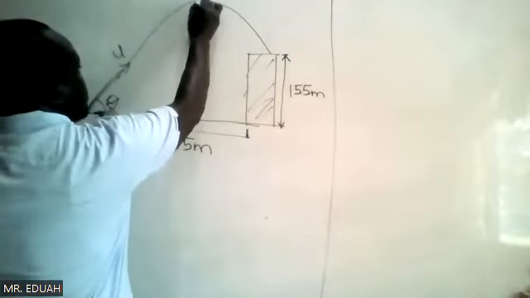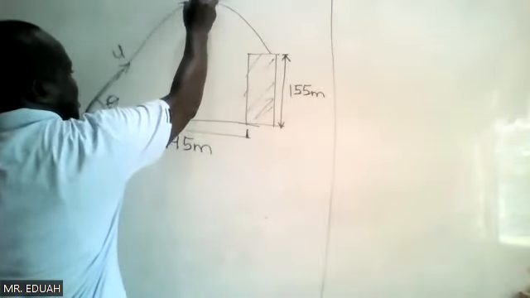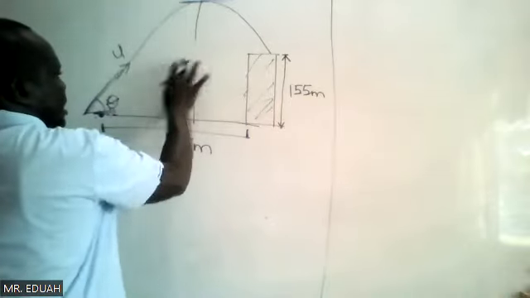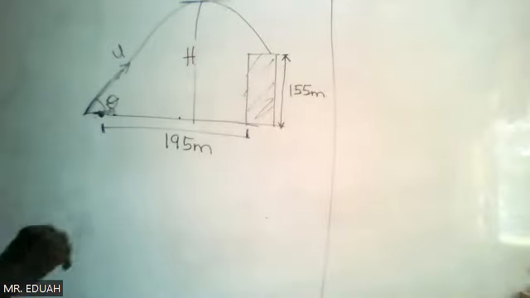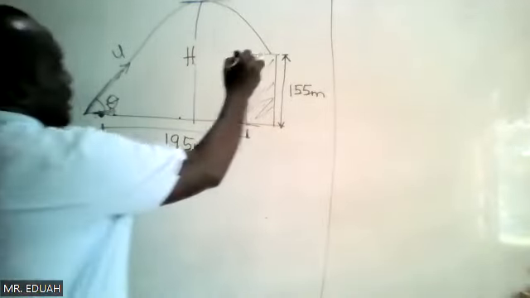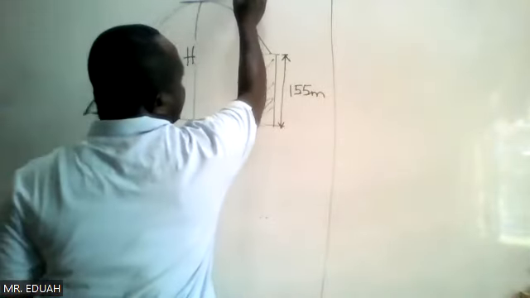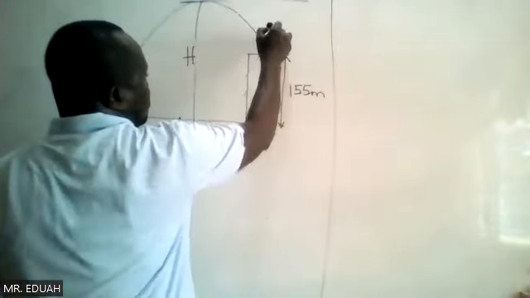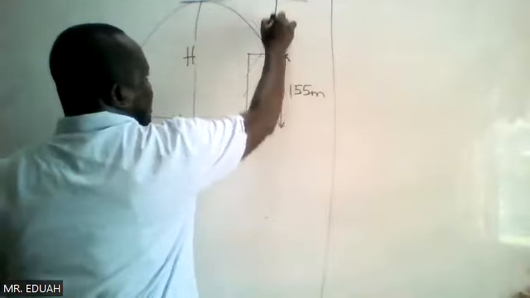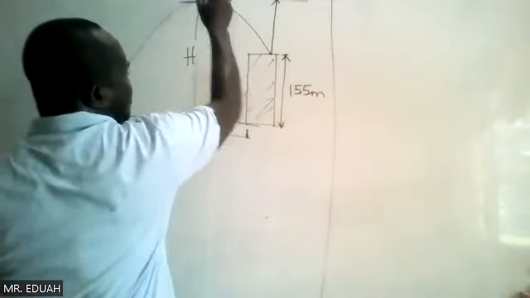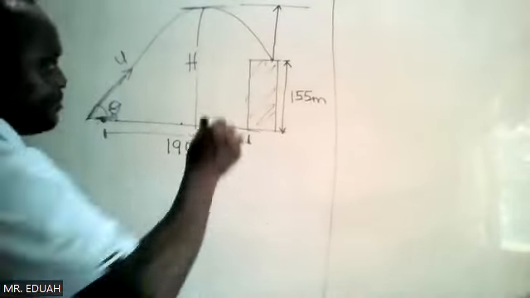This whole vertical height is H max. Now we don't know the distance the body moved from the maximum height to where it lands on the building. So let's represent this distance from the maximum height to the top of the building by the letter S.